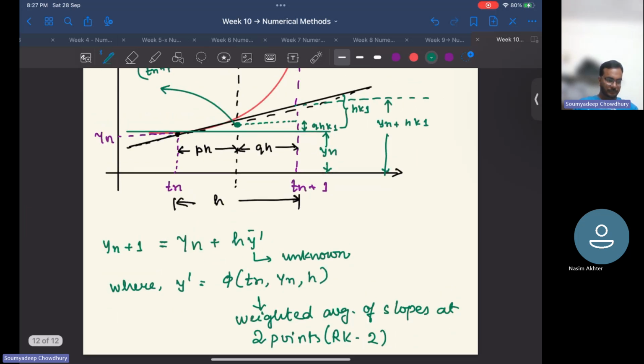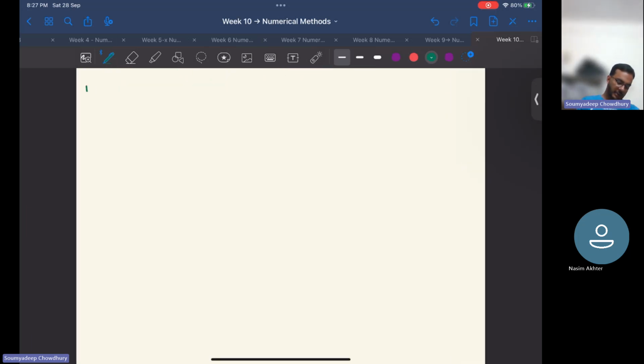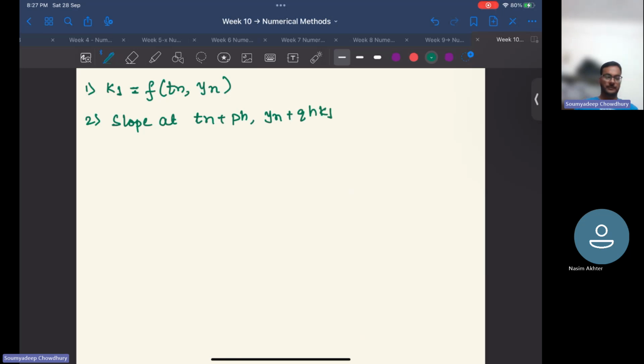So first we are defining one variable, K1, which is the slope of the function at Tn, Yn. That is whatever is given to you. Next is the slope at the intermediate point, Tn plus PH, Yn plus QH K1.